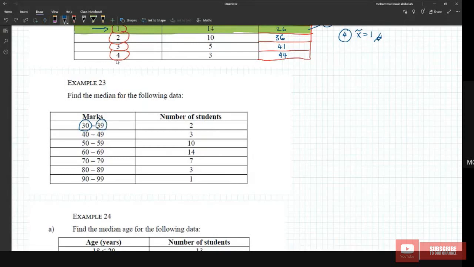Remember, in the formula of median: lower class boundary of the median class plus summation of f divided by 2 minus summation of fm minus 1, divided by fm, multiplied with cm.